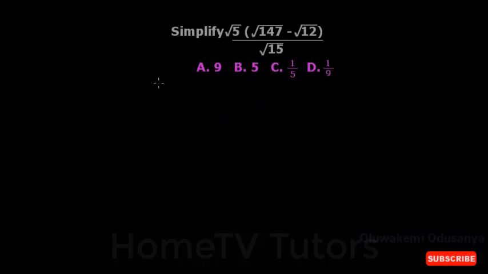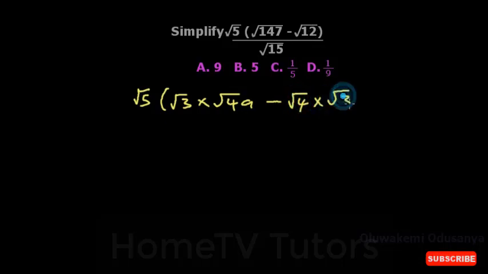Simplify this expression. Alright, so we start. Square root 5 bracket, we can split this square root of 147 into square root 3 times square root 49, minus, we can also split square root of 12 into square root 4 times square root 3 bracket.